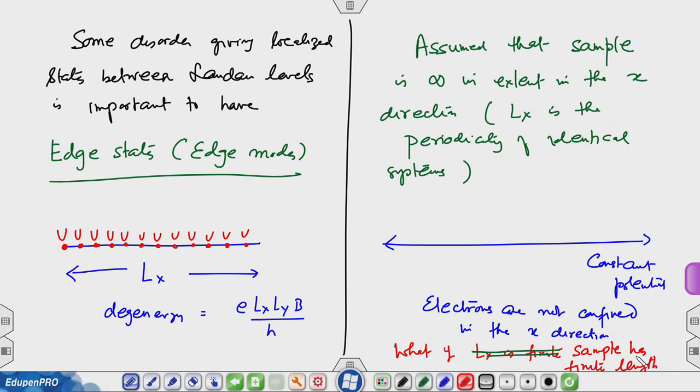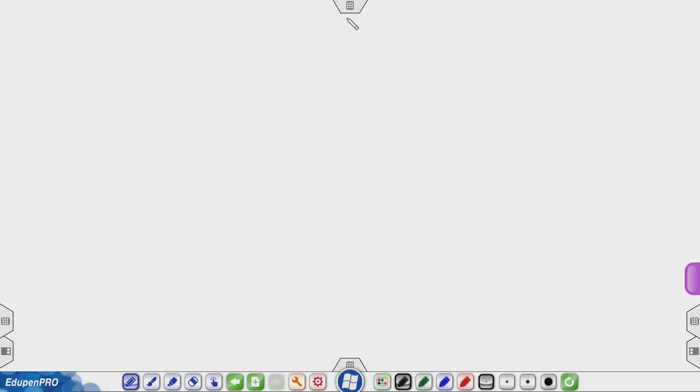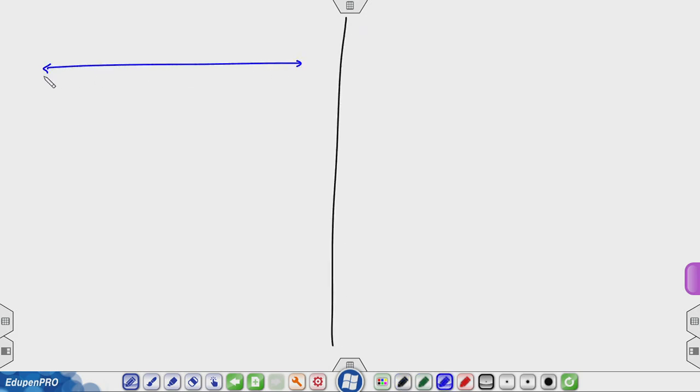Let me go over to the next slide and explain this again. So, what I am talking about is, this is my infinite sample, but what if it is finite? The sample has finite length in x direction.